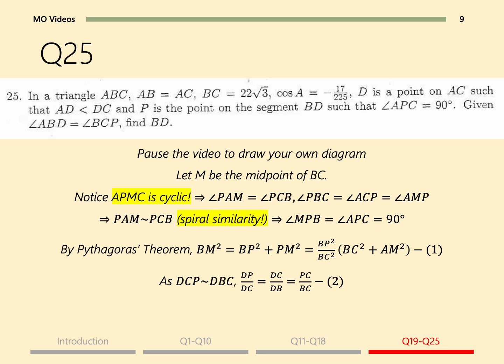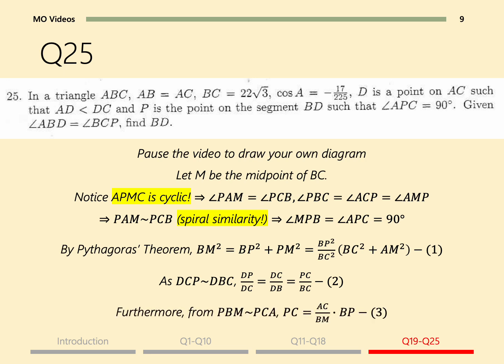Next, we observe the similarity DCP similar to DBC due to the angle condition angle DCP equals angle DBC. And here we can relate the length PC to DP and DB.